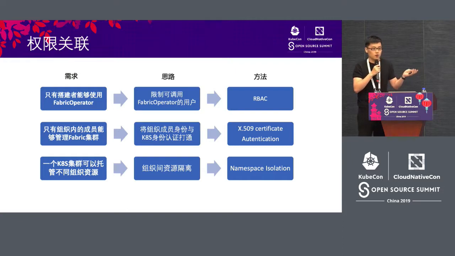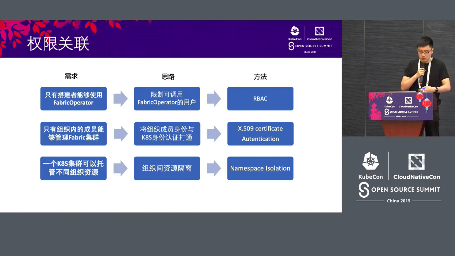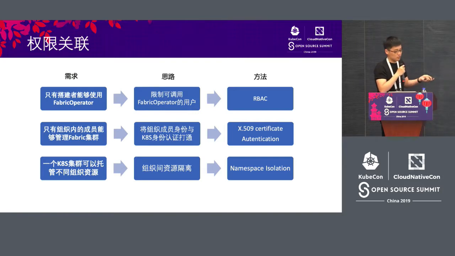So next, let's talk about the question which has been raised. For the authority correlation, first let's see how to have the builder only have the operator resources. That is how to limit the users to invoke Fabric operators.